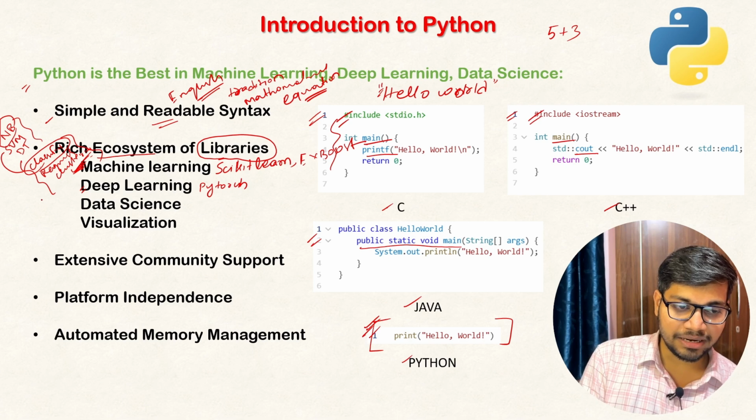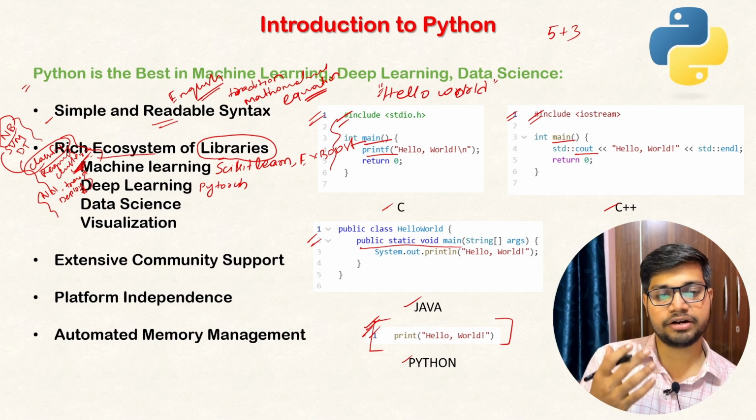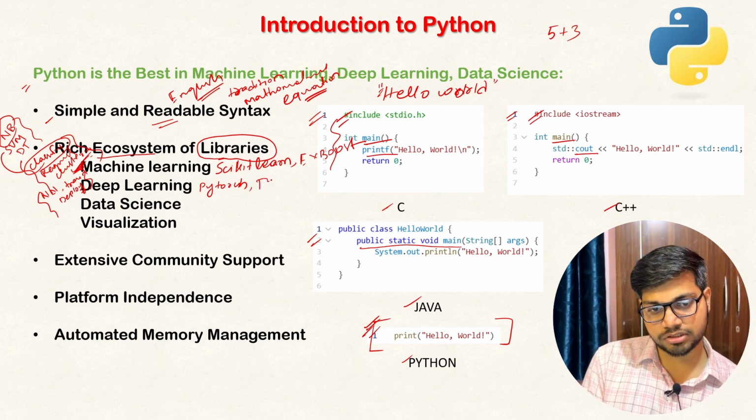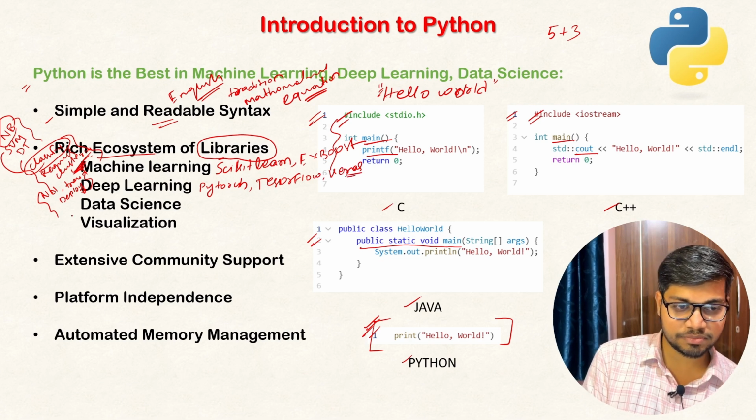We are building models using neural networks, training our model, then deploying our model. For these things some well known functionalities have already been written. So PyTorch, TensorFlow and Keras, these libraries provide these functionalities.